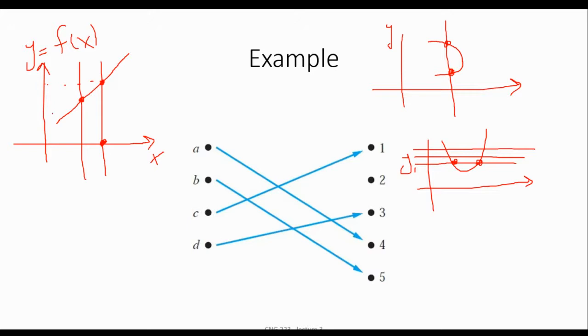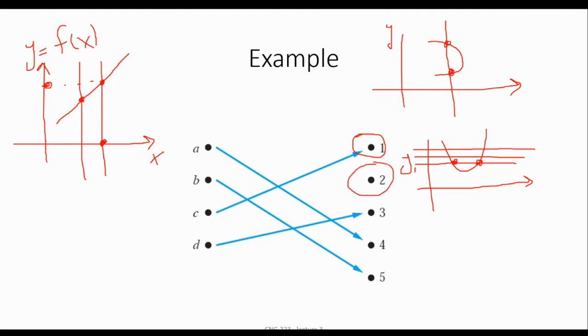But here, for the first drawing that we had, for the first plot, you can see this one is one-to-one. Why is that? Because for each y, I have a single x corresponding to that. So, for example, I can check it from here. For this one, 1 corresponds to c. So this is one-to-one. But I should check for all of the possibilities that I have here. These arrows show us the way.